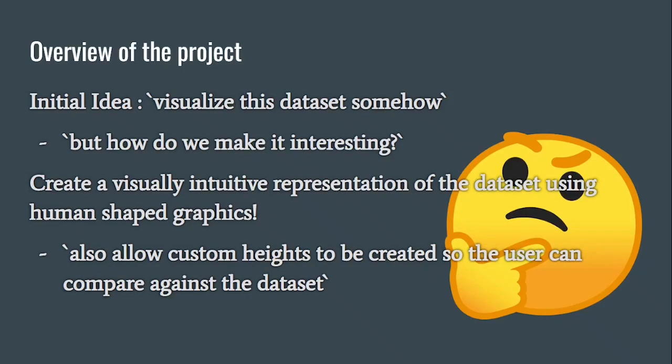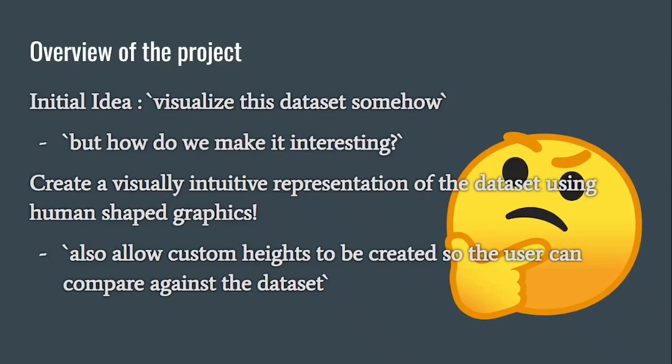So, starting off, we decided to use a public dataset from Kaggle containing the average heights of both male and female for each country. And so we had the initial idea of how are we going to visualize the data set somehow?